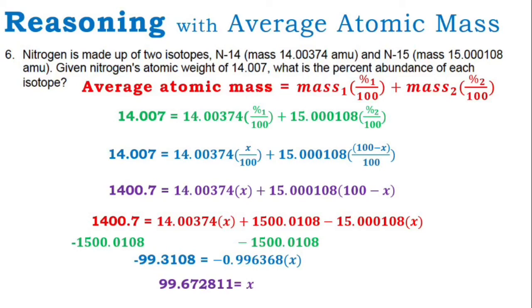And since x was my percent abundance of this first isotope that weighed 14, then that means that my percent abundance of nitrogen 14 is essentially 99.7, like I showed you on that last slide. And subtracting from 100, that means that my nitrogen 15 has a percent abundance of 0.3%.